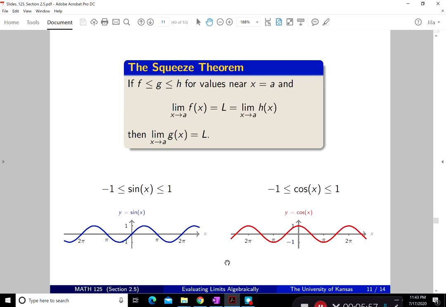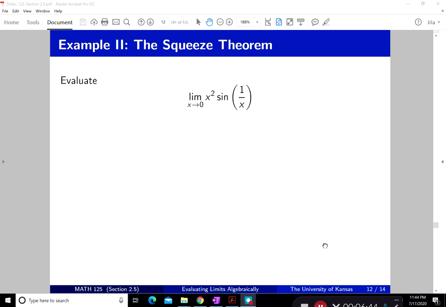Before trying to do one problem on this, let's remember that sine of x is between -1 and 1 no matter what, and cosine of x is between -1 and 1. We are interested in knowing the bounds for sine and cosine because of this example 2: using the Squeeze Theorem, evaluate this limit.